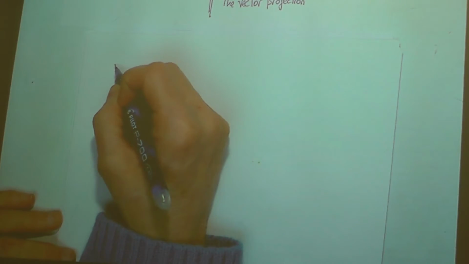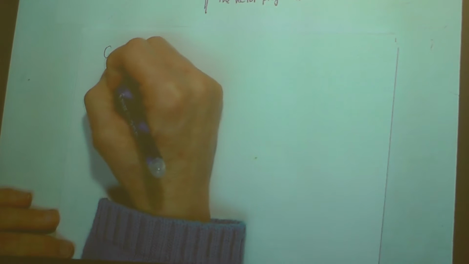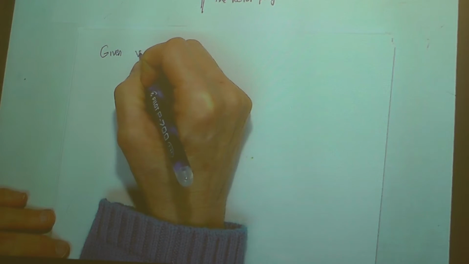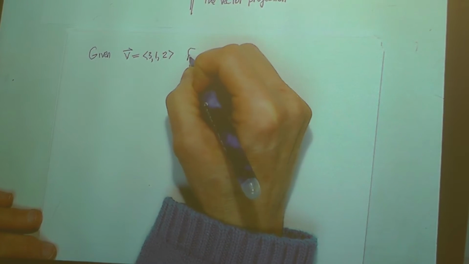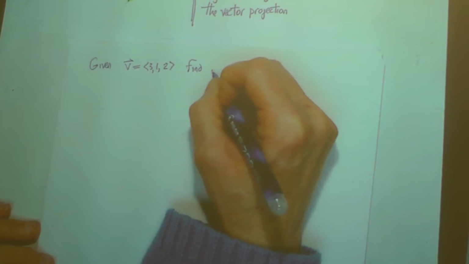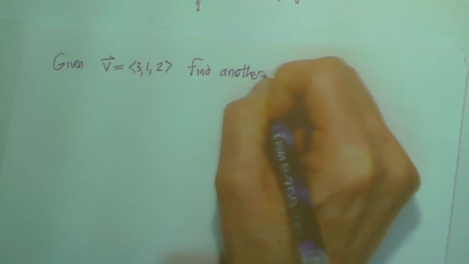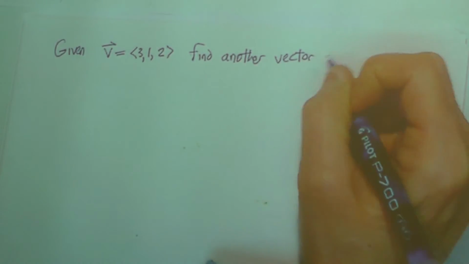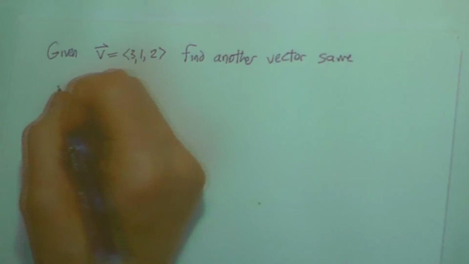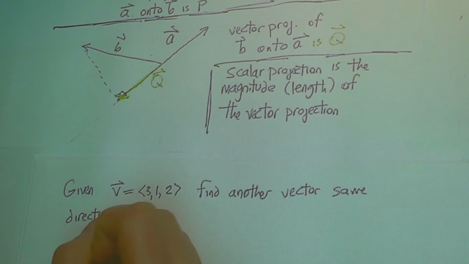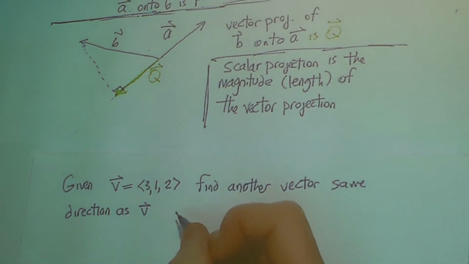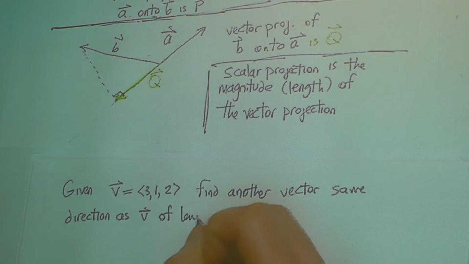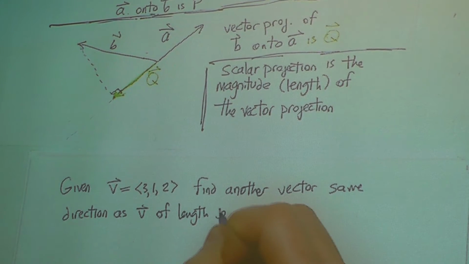If I gave you a vector, find a vector in the same direction as V of length, let's say I want the length to be 5.